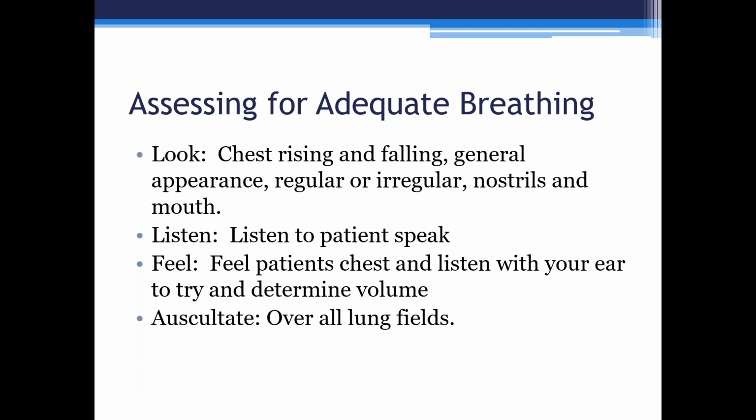Then, using our stethoscope, we're going to auscultate over all of those lung fields to see if we can hear air passing adequately, and then also be listening for any type of abnormal sounds, such as rales, crackles, stridor, what have you. And we'll be able to listen to those different lung sounds utilizing SimMan when we meet for lab.